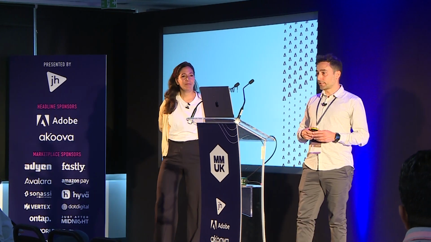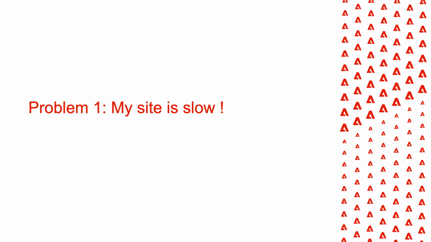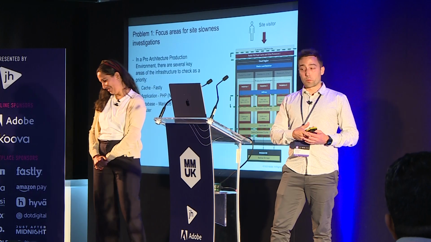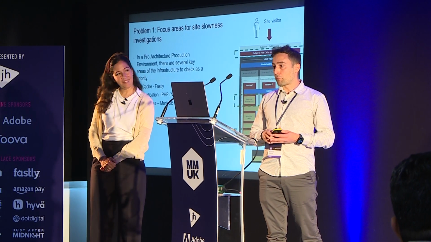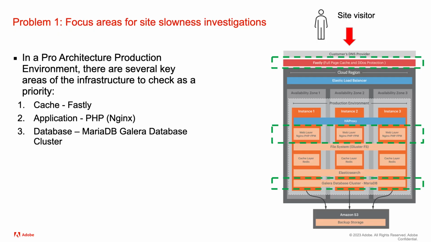Thank you, Elena. Okay, so let's start. Problem 1, my site is slow. If we observe the architecture of a production environment, we can see all the different areas that the user goes through to reach their content. The first main point of contact is Fastly, our content delivery network, which is used as a cache.